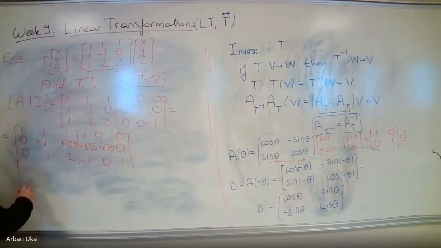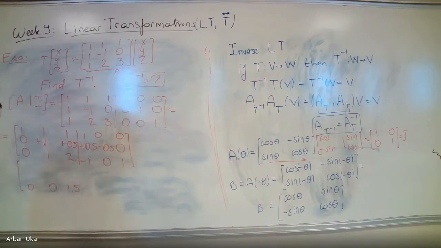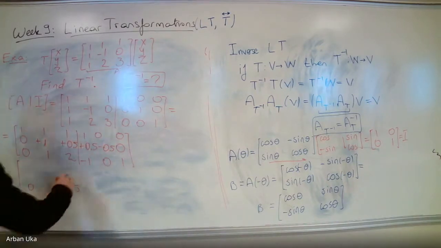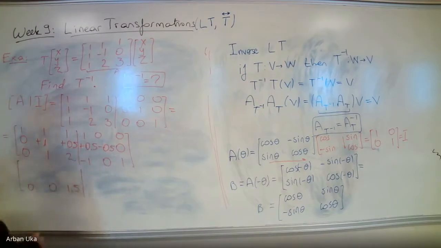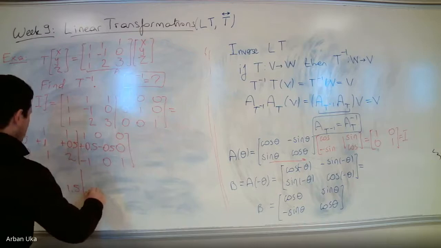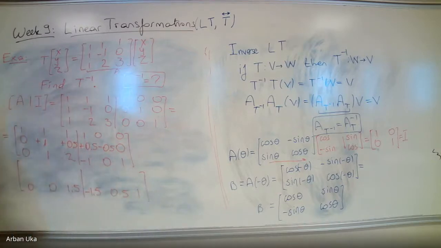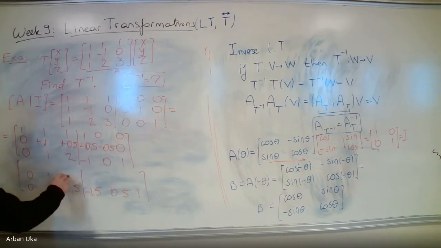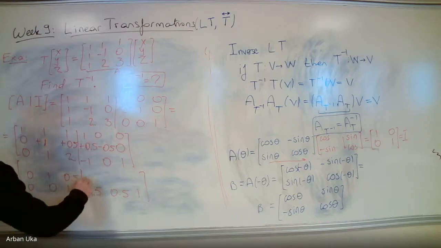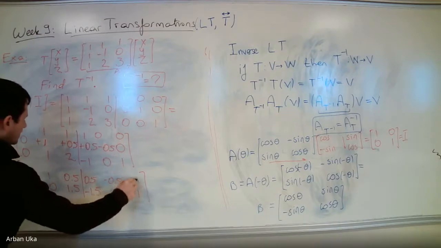So this becomes 0, 0, 1.5, and here we have -1, -1.5, -1.5, with 0.5, 1 and the rest remaining as 0, 1, 0.5, 0.5, -0.5, 0.